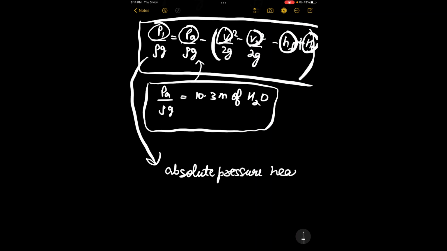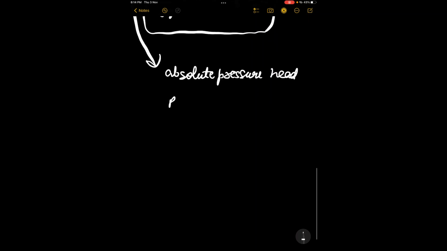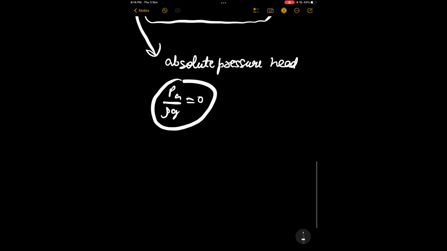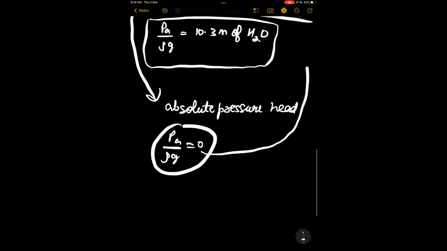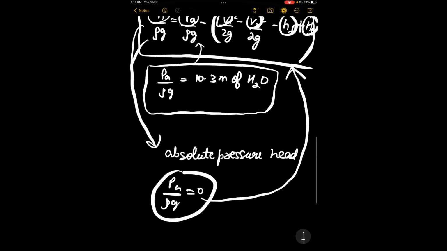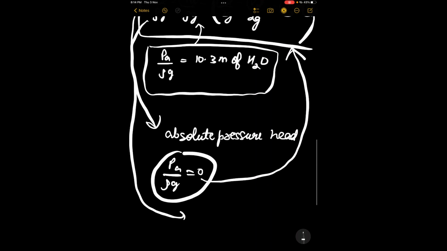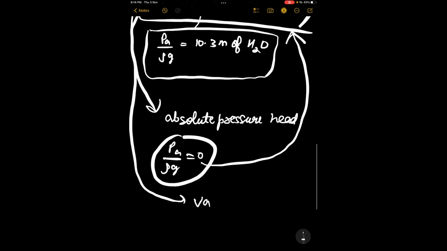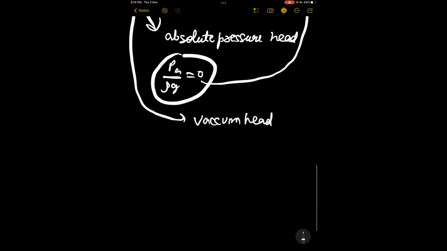But we usually put pa by rho g as 0. This value that we get, we call vacuum head. When you put that 0, P1 by rho g would come out to be minus 6.6 meter of water column.